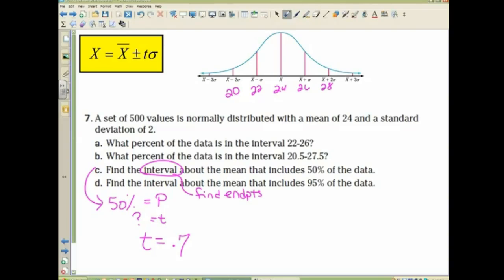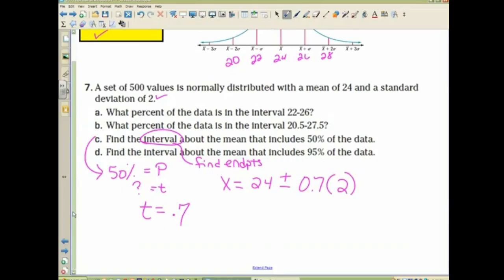Now I can find the endpoints on top and bottom using this formula. So my endpoint will be x bar, which is 24, the mean, added and subtracted 0.7 times our standard deviation, which was 2 right there. 24 plus or minus 1.4, multiplying those two together.